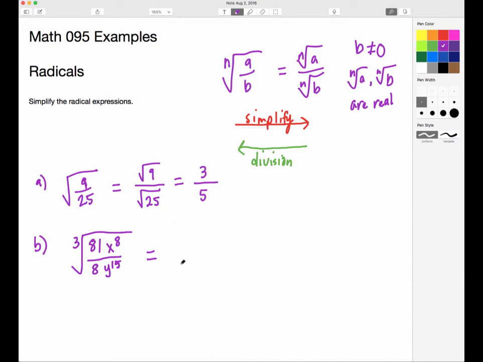But let's use our equation up here and use two radicals and see if we can get this to be more simple. So 81x to the 8th goes into the first radical. And then the second radical sign, cube root of 8y to the 15th. All right, so now I'm going to try to simplify what's underneath each of these radical signs.